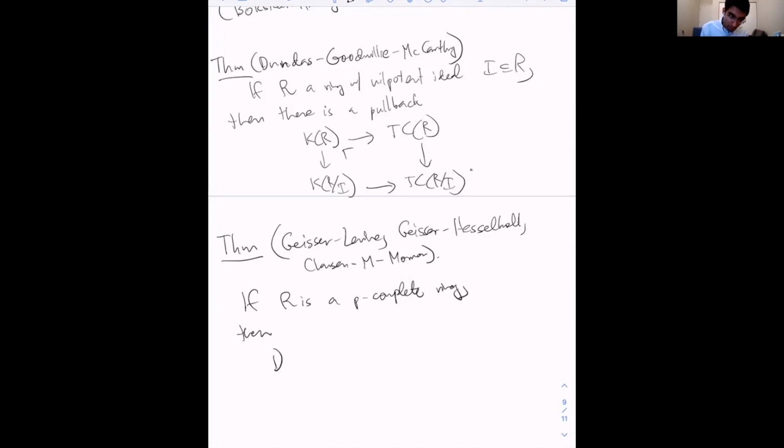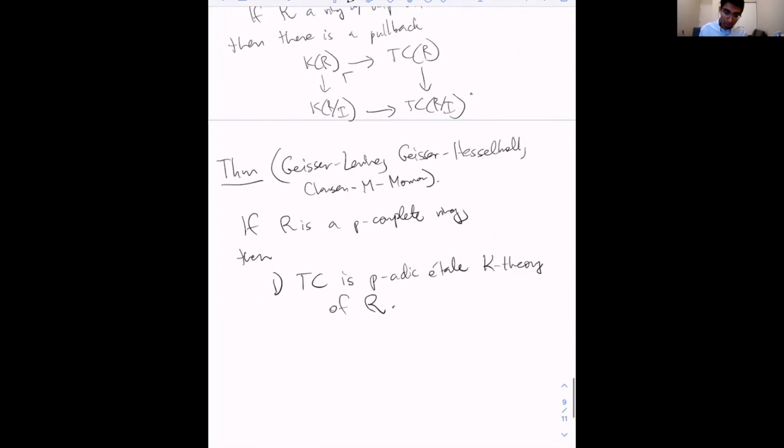So one is that TC is the p-adic etale K-theory of R. So it's a universal approximation to p-adic K-theory that satisfies etale descent for p-adic rings. So it's a universal way of imposing this condition of etale descent.